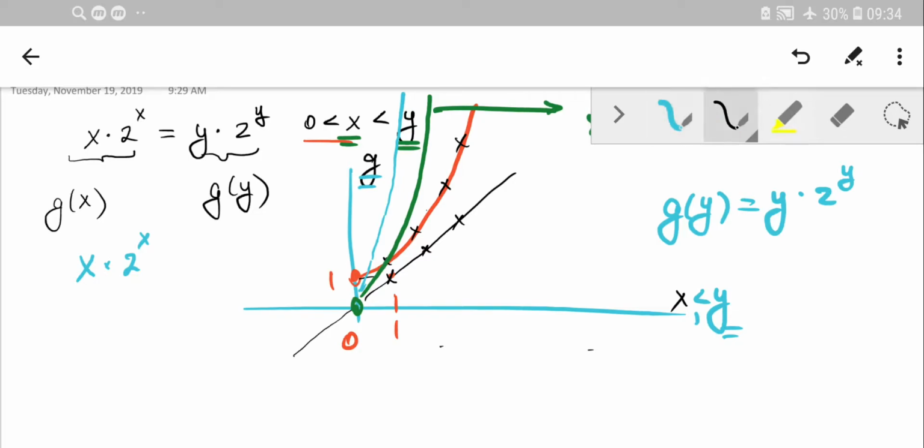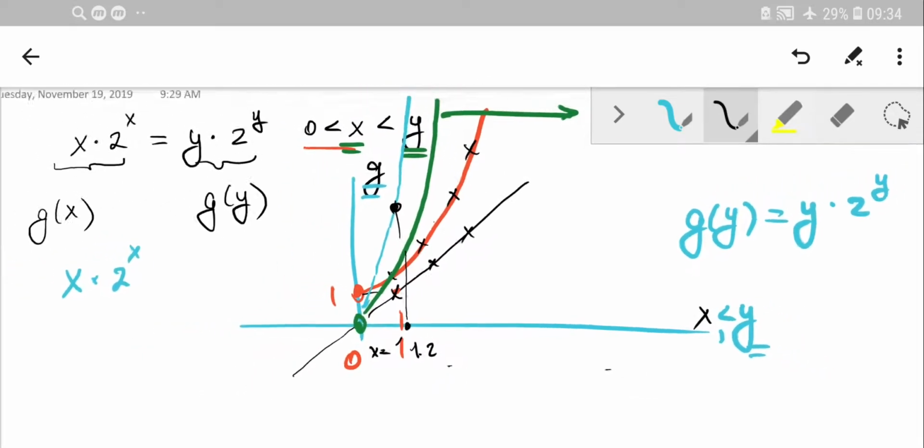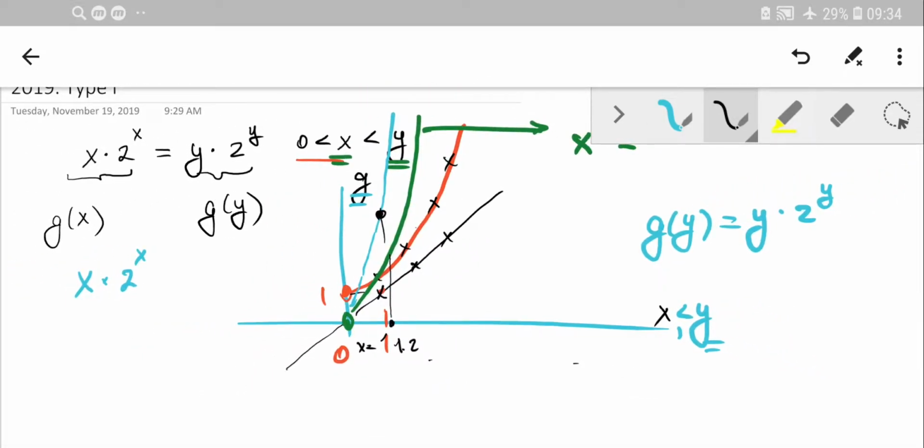So no matter which point you take, for example, let's say you took x equals 1, so for y you need to have greater value than 1, let's say 1.2, very close value, but however bigger than x. So obviously we'll have g value greater than for the corresponding g from x.